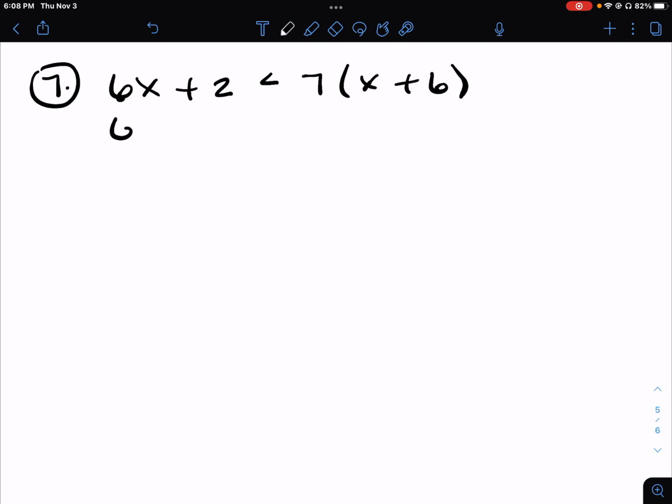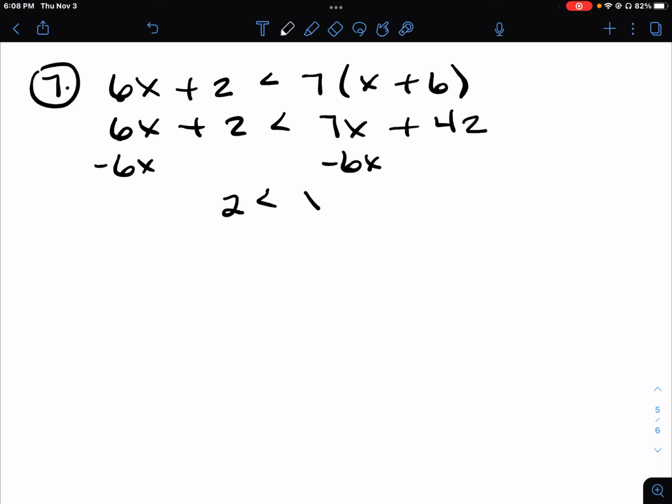Okay, distribute the 7. We want to get x on one side. It doesn't matter what you do. If you do the smaller, that's fine. Subtract.